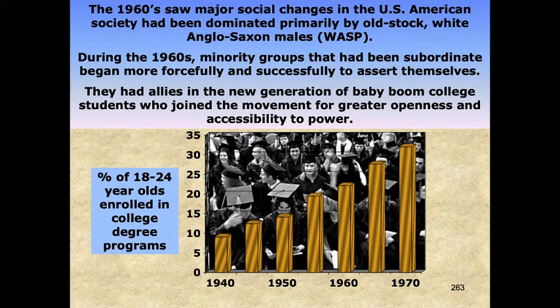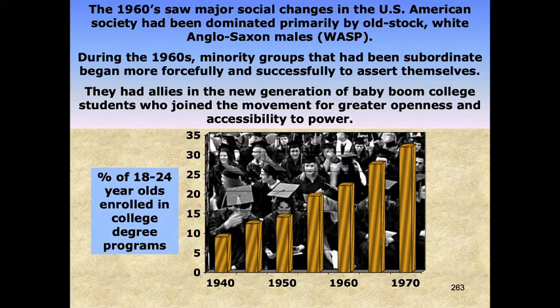Minority groups are going to start to be on the rise and start to claim a larger part of American society. So they look at themselves, they look at their rights, and they're like, yeah, this is a bunch of crap. We need to fight for our rights. And then this sort of activism is prevalent amongst the youth. So, because remember, baby boomers, we got a lot of them at that time.